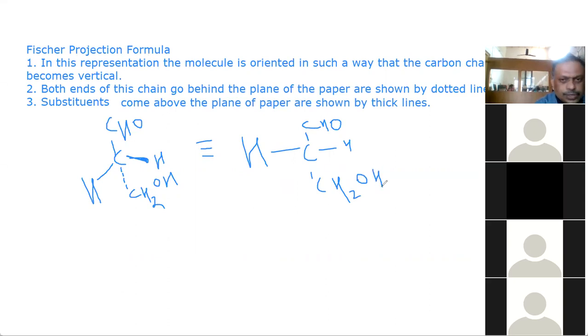This is the Fischer projection formula. Both ends of the chain go behind the plane of paper and are shown by dotted lines. Substituents that come above the plane of paper are shown by thick lines. This is the thick line.